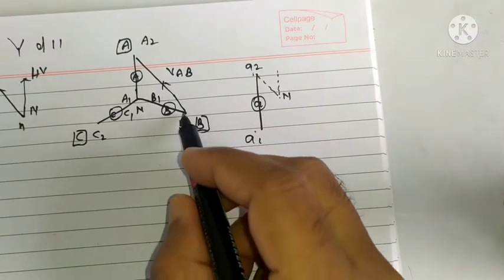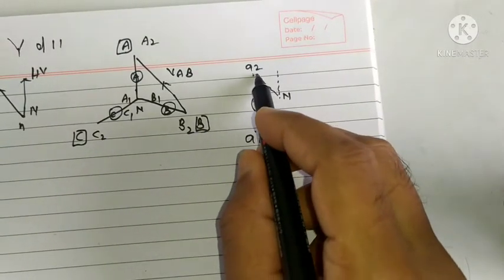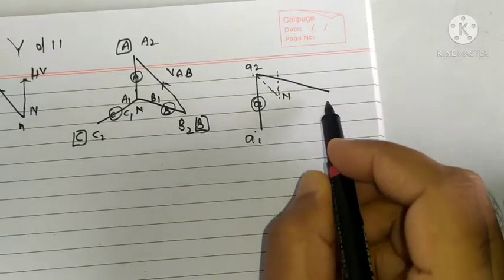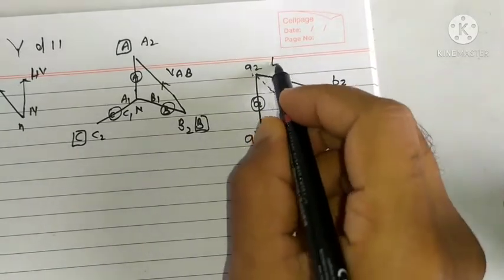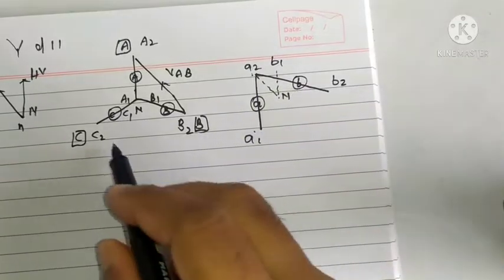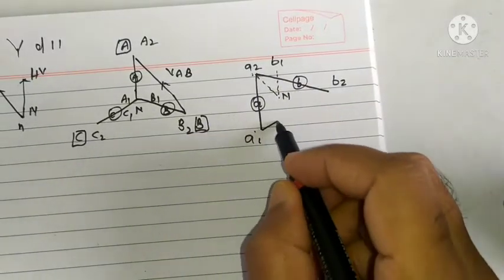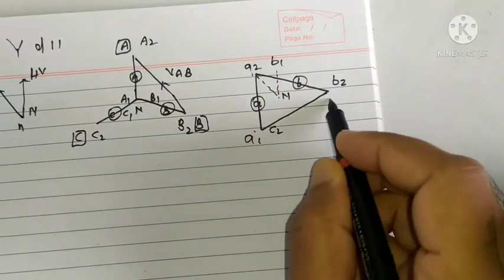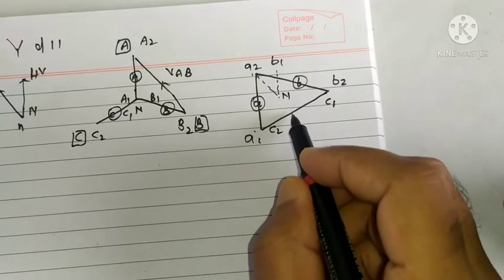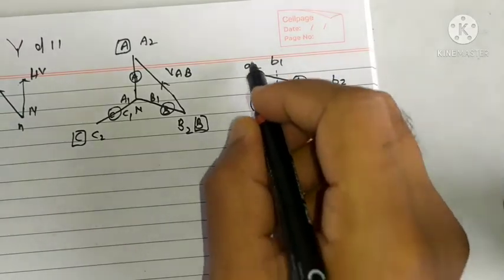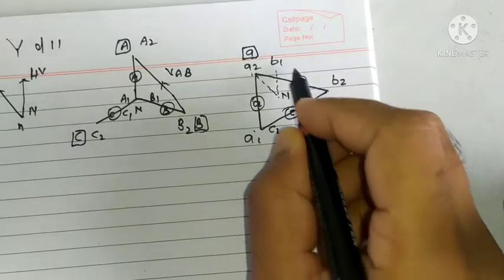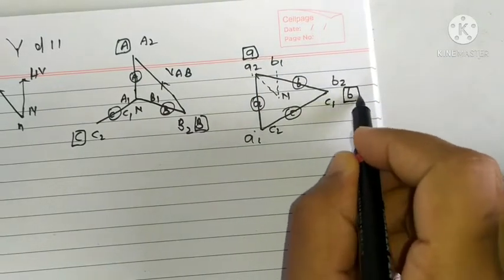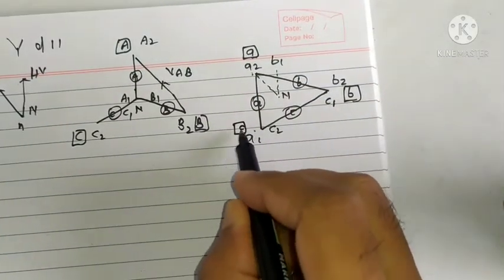Now B2 B1 must be parallel to this, so it will be drawn like this, B2 B1, and it is B arm, and C2 C1 must be parallel to this, so it is C2 C1, and this is C arm. This is A terminal, this will be B terminal, and this is C terminal.